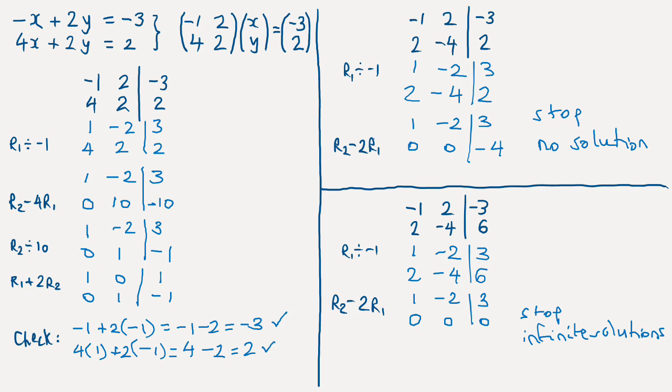and the way we could write the solution is we've only got a single equation now that's saying x minus 2y equals 3.